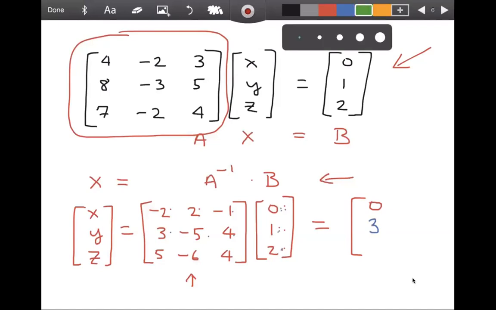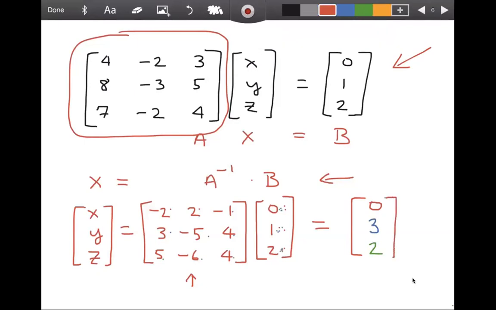And then finally, 5 times 0 plus negative 6 times 1 plus 4 times 2, which is 0 plus negative 6 plus 8, which is 2. So there is the solution of that system of equations. XYZ is equal to 0, 3, 2. In other words, X is 0, Y is 3, and Z is 2.